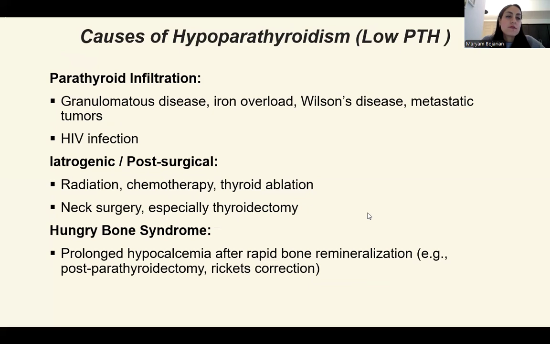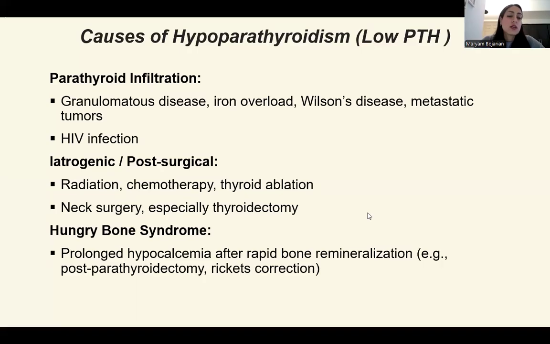Also, we can have parathyroid infiltration in the setting of granulomatous disease, iron overload, Wilson disease, or metastatic tumor. Also, in HIV infection, we can have low secretion of parathyroid hormone. The most common cause basically is iatrogenic or post-surgical.